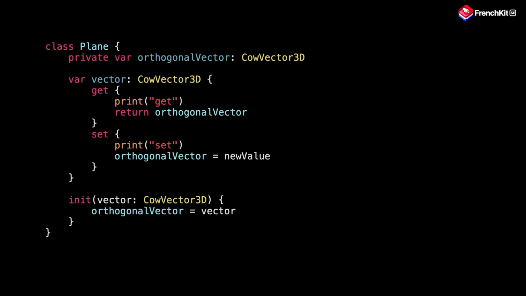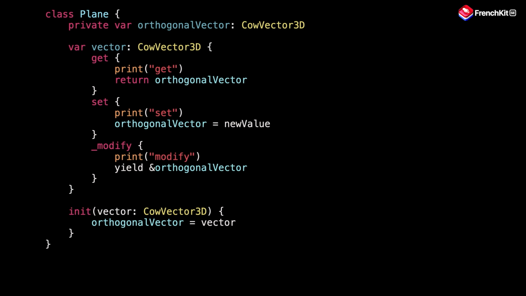Well, the answer actually would be to use a keyword called modify that is not yet publicly released in the Swift language. Well, not officially released, but it's publicly available with an underscore before it. And what this accessor does is that, like a getter or setter implementation, you can do whatever you want with it.